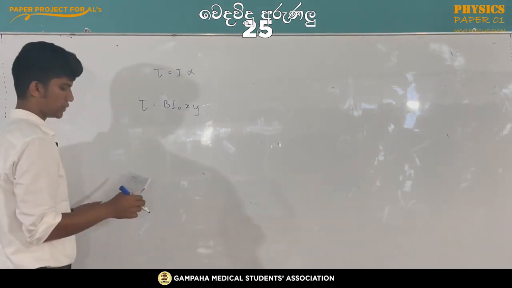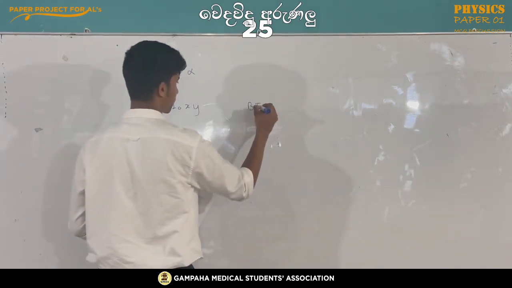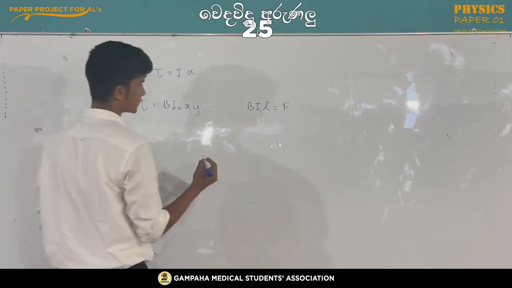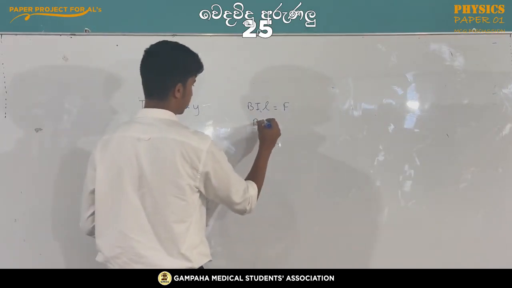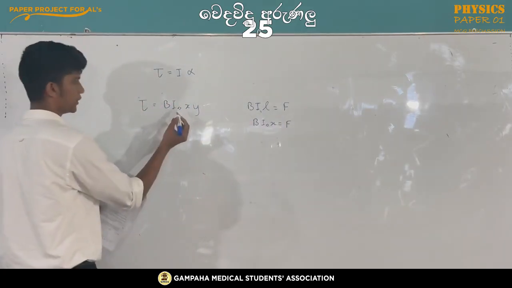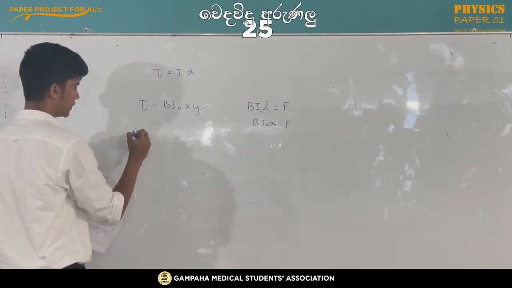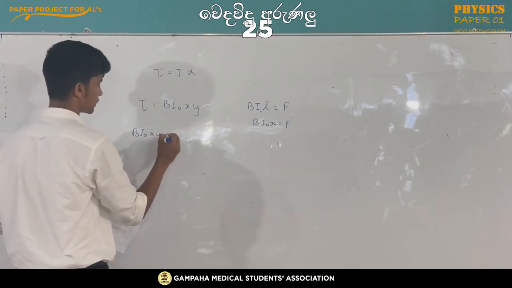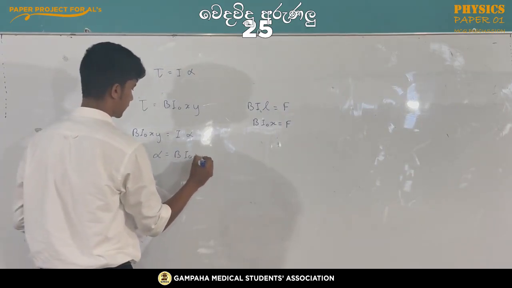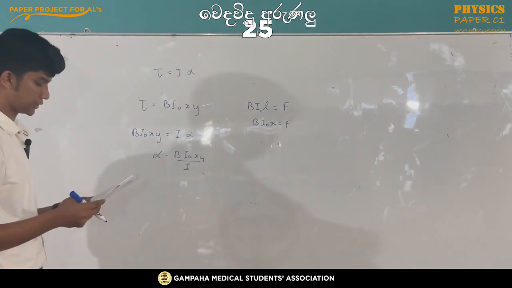So first we can find out that the magnetic force is equal to BIL, F equals BIL. So here L is equal to x, so then F is equal to B I naught x. Then the tau is equal to B I naught x y. So then substituting that into this equation, B I naught x y equals I alpha. Alpha is equal to B I naught x y over I. So then the correct answer is the fifth answer.